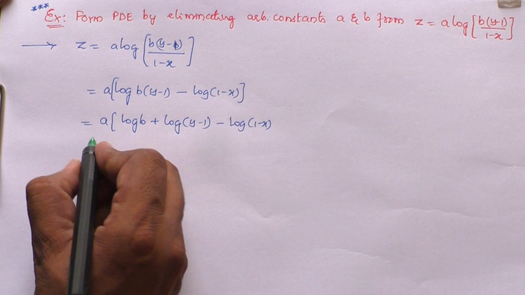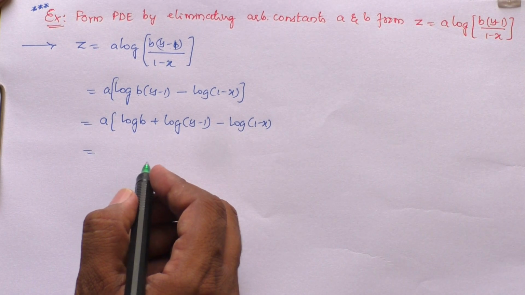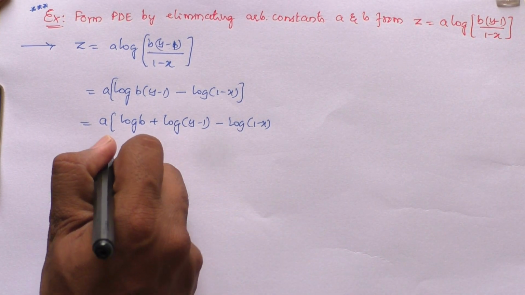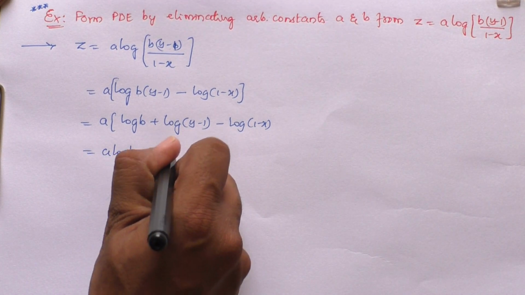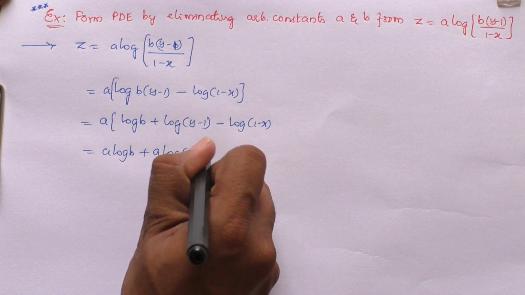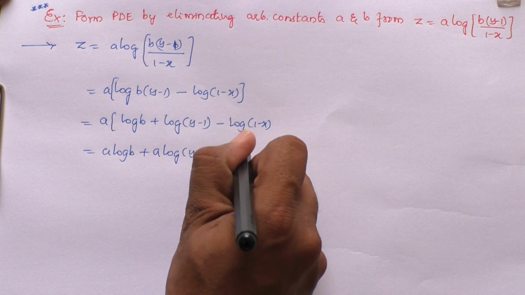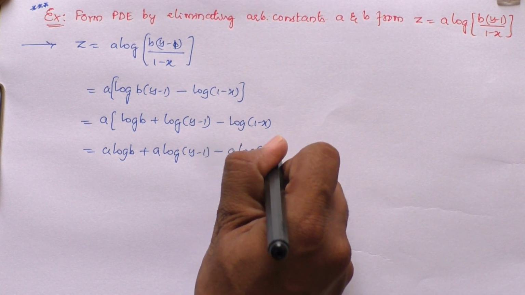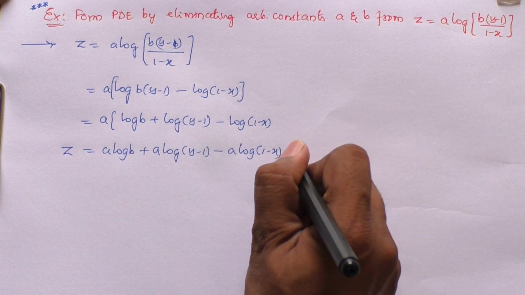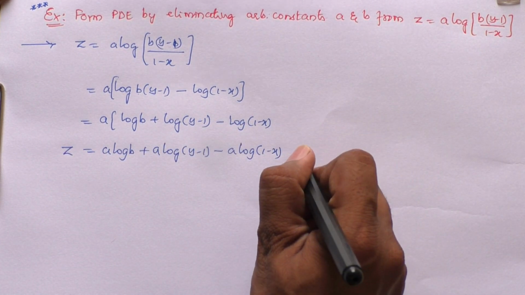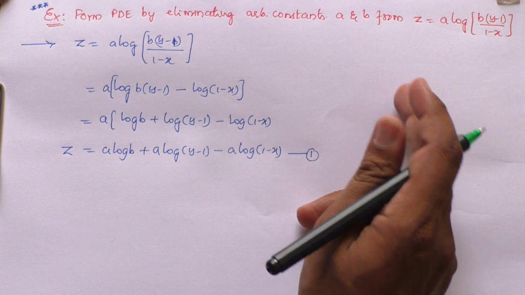So if you multiply a inside, we get a into log b plus a into log (y minus 1) minus a into log of (1 minus x). So this is the simplified expression for z we got. Take this as equation number 1.